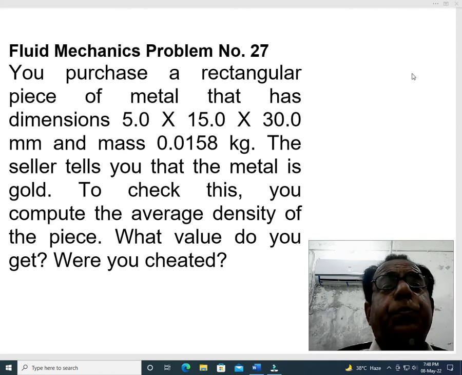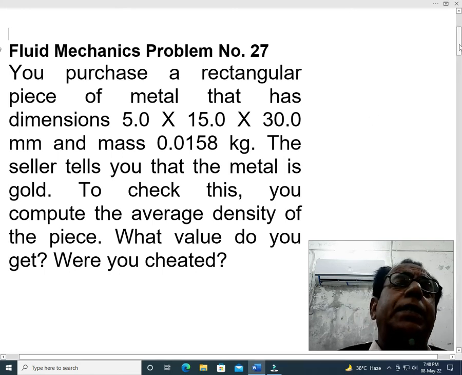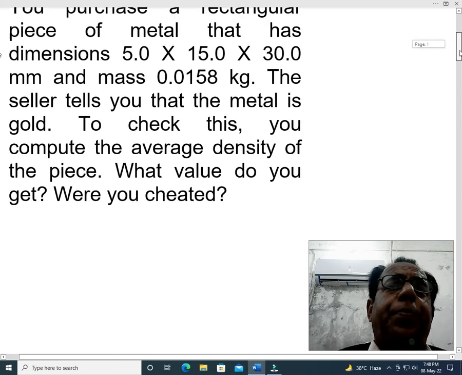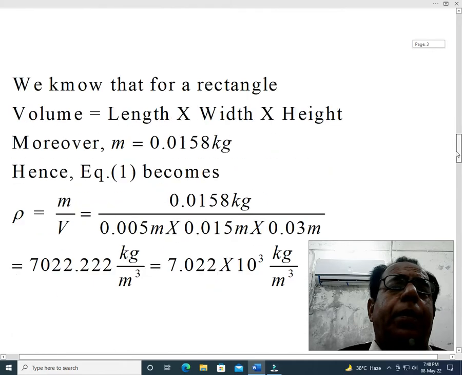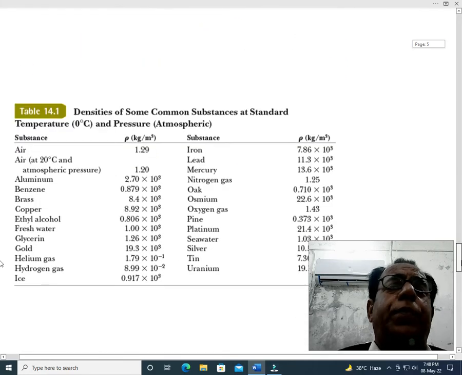Okay. So dear students, before going towards the solution, first we move towards the table of densities, from where we will determine what is the density of gold. This is the table of densities.